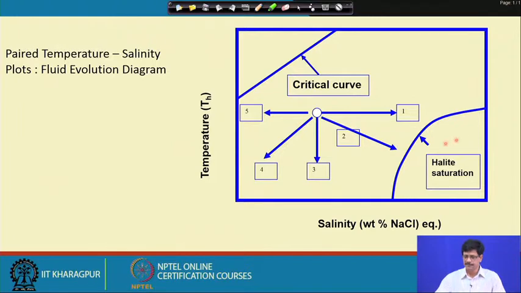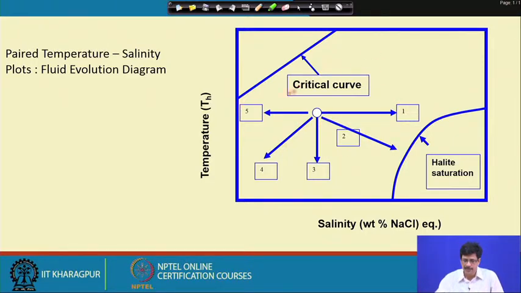These diagrams are very popularly known as fluid evolution diagrams, this temperature and salinity diagram, because here we understand that the little deficiency we have because of the non-availability of pressure correction will be somehow compensated by the statistics of measuring hundreds of such inclusions in a particular sample, in a particular environment, in which we are more interested in the range of values of temperature and salinity in which the deposition process occurred.